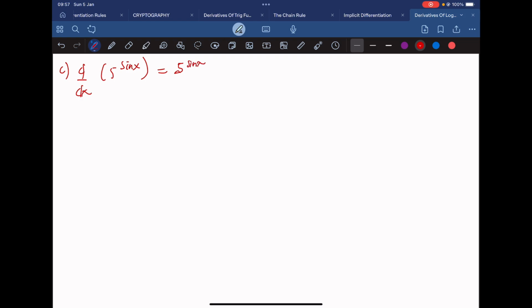Then we introduce the natural logarithm of our constant. Then we multiply it by the derivative of the exponent. If we differentiate sine x, you get cosine x. So your answer is 5^(sin x) cos x ln 5. I hope this is clear enough.